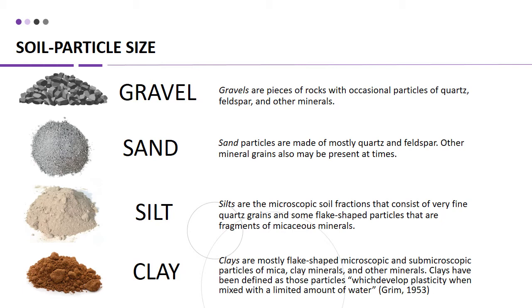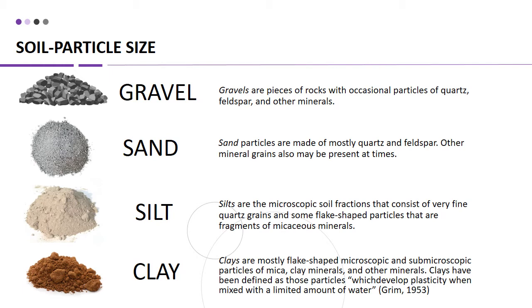Another type of particle size of soil is the clay. Clays are mostly flake-shaped microscopic and submicroscopic particles of mica, clay minerals, and other minerals, meaning the clay is the smallest particle size of soil.